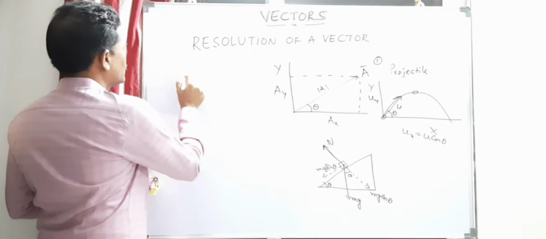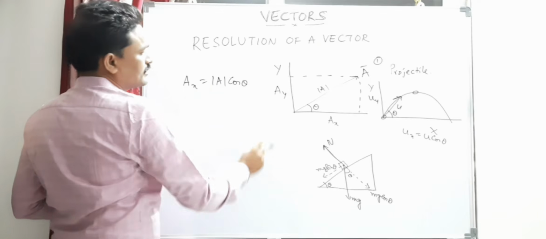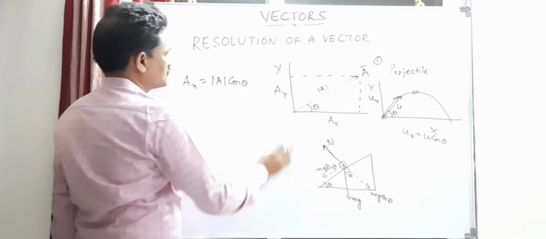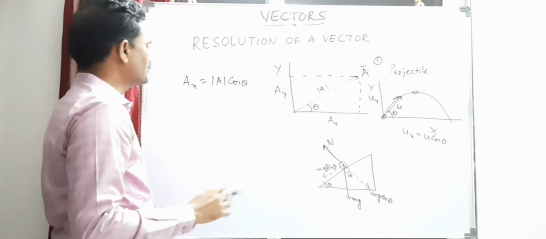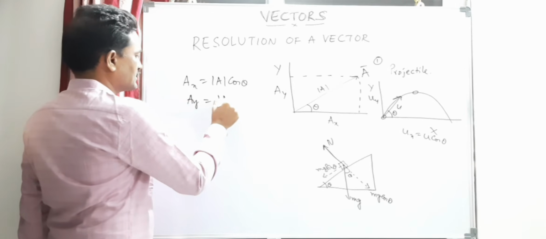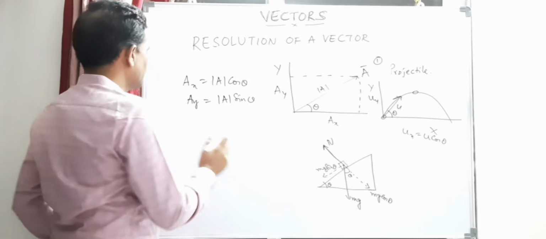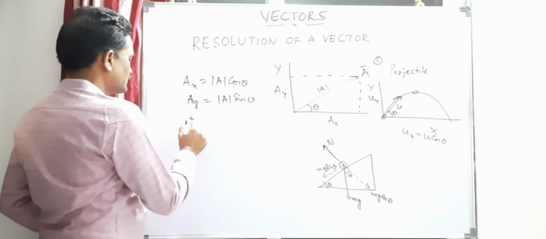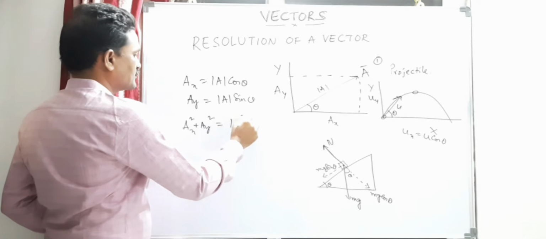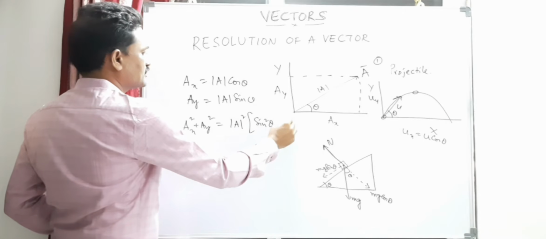So what we wrote, ax is equal to mod a cos theta. The component which is making theta should be written as cos theta. That is the best way to remember. Next one is ay is equal to mod a sin theta. If you square these two equations and add them, you will get ax square plus ay square is equal to mod a square taken common, times sin square theta plus cos square theta.